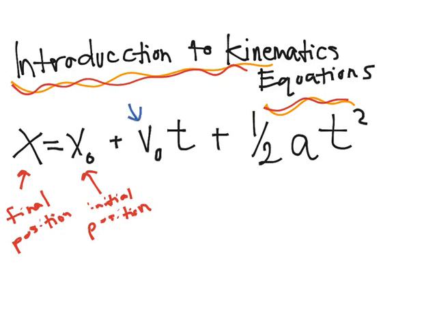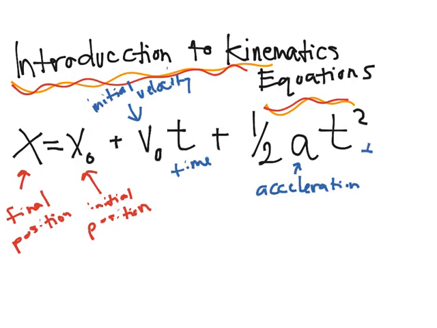Remember, there is a naught on there, the little circle, so that is initial velocity. Then we have t, hopefully you know t is time. We have 1/2, which is the same as 0.5 divided by 2. We have acceleration. And then we have, again, time.